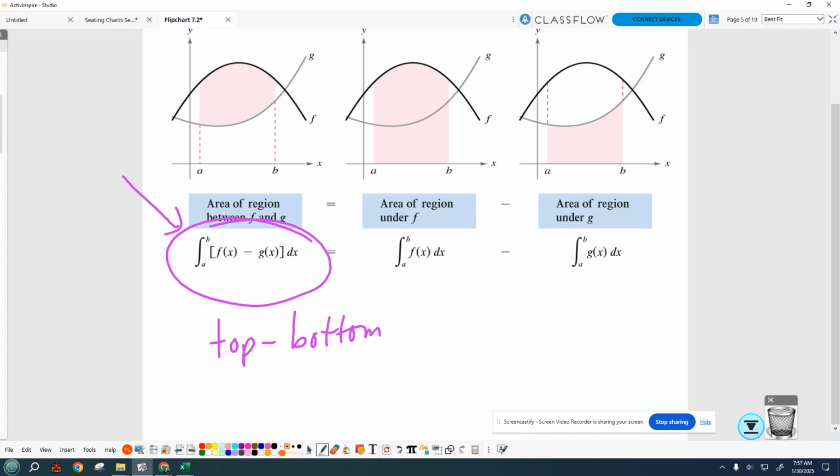So that gives us a positive y value, top minus the bottom. So we get a positive length times our positive dx width. Whereas integrating, we could get negative answers. If you're getting negative area, that's wrong. It means you've either got your bounds backwards or you did the setup wrong.